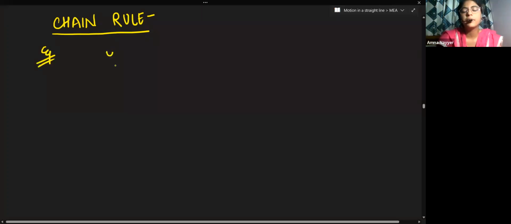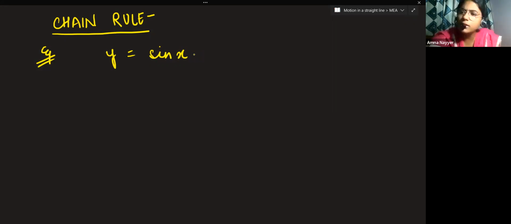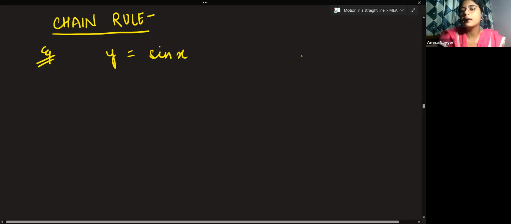If I say y is equal to sine x, you know that if I differentiate sine x, that will give me cos x. That is simple. But if I say y is equal to x square, then also you can differentiate x square and get 2x.